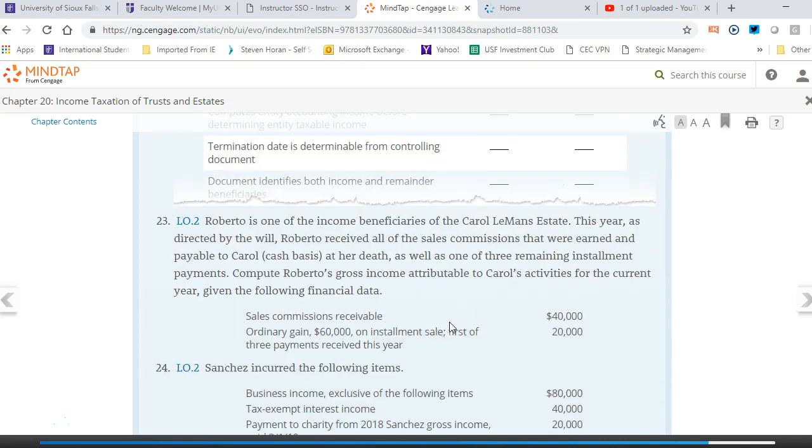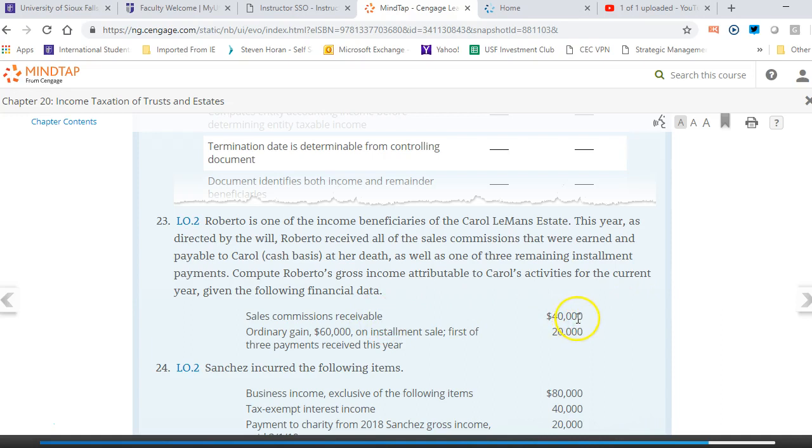Question 23: Roberto is one of the income beneficiaries of the Carol Lamons estate. This year, as directed by the will, Roberto received all the sales commissions that were earned and payable to Carol cash basis at her death, as well as one of the 3 remaining installment payments. Compute Roberto's gross income attributable to Carol's activities for the current year, given the following financial data.